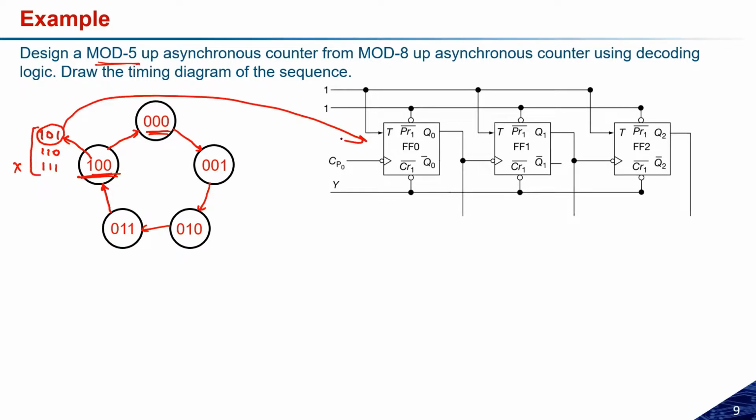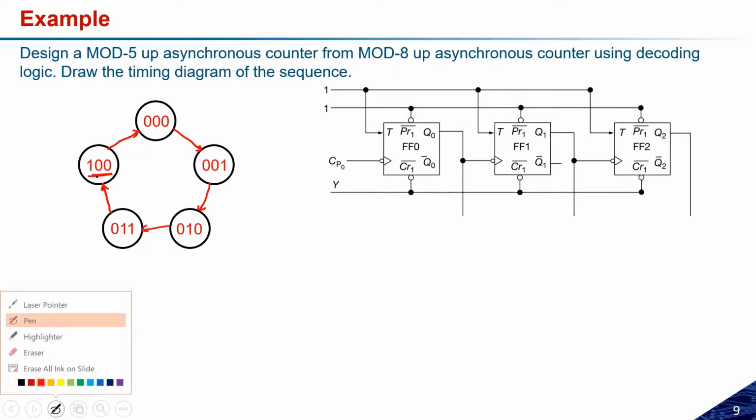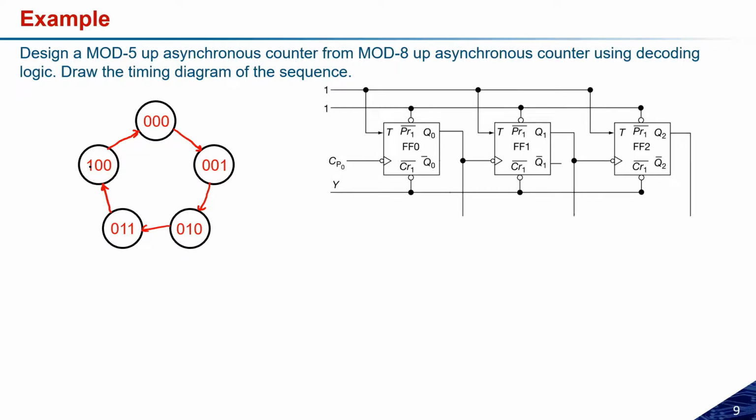Let me repeat what I'm saying, and let me change the color. We know 100 is the valid state, and after this 100, I need to clear it to 000. To reset or clear the data on the flip-flop, the clear pulse is the important signal.